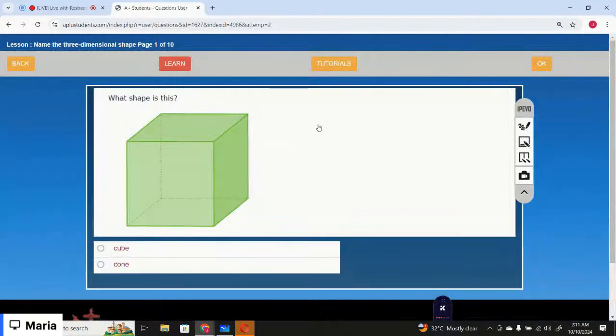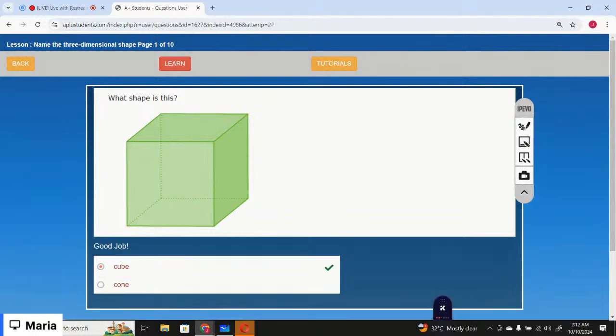Which is the correct option? Yes, cube it is. Option number one is the correct option.